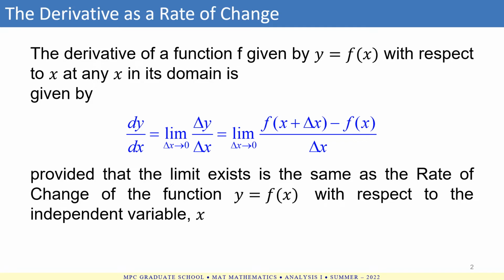It is the same as the rate of change of the function y equals f of x with respect to the independent variable x. So it simply means that derivative tells us how a function changes with respect to the independent variable. That's it.